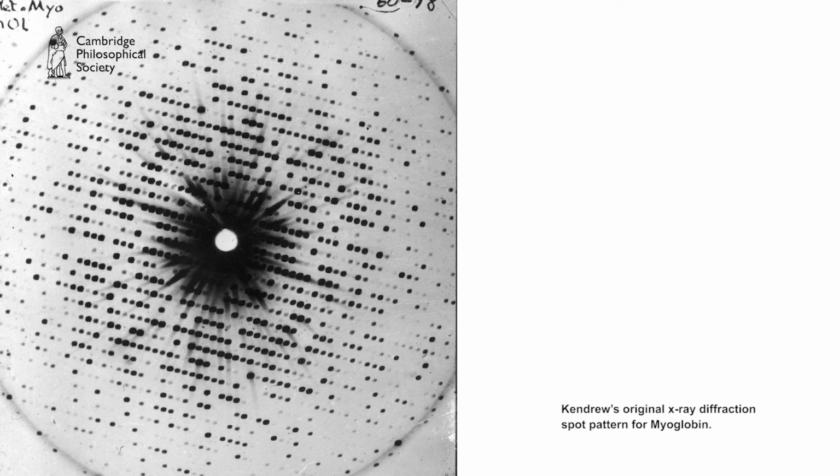Then you could get a diffraction spot pattern. And if you worked hard enough, or these days got your computer to work hard enough, you could work out the form of the molecule.